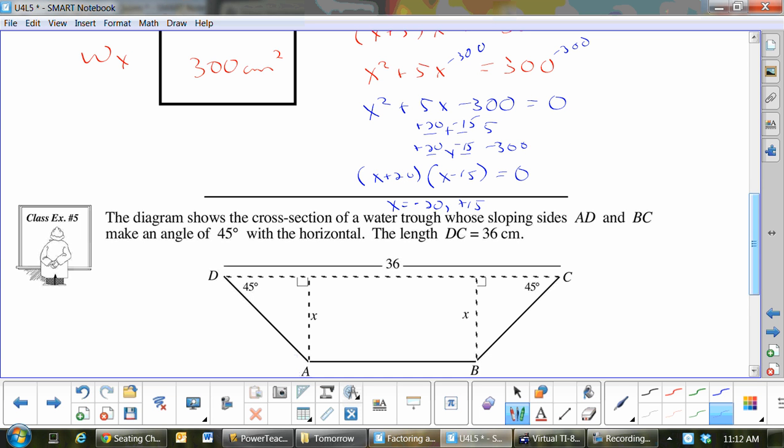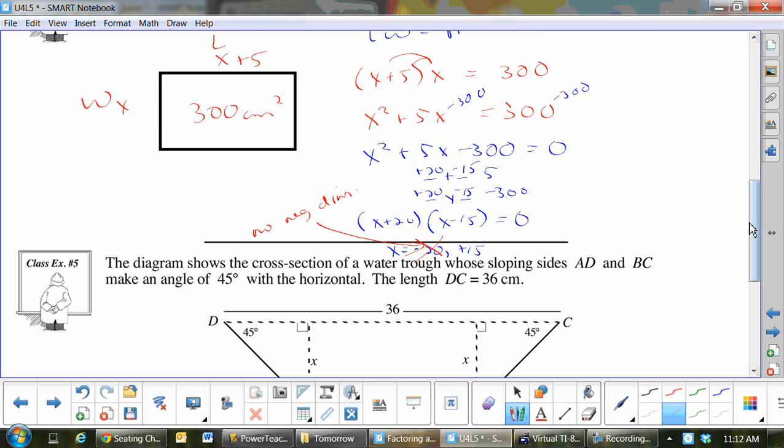Now, do you understand why negative 20, even though it's mathematically correct, if I put negative 20 into there, I will get the answer 300. That is mathematically correct, or theoretically correct. But in a real life situation, can I have negative 20 as one of my dimensions? No. So the negative one automatically goes away because you can't have negative dimensions. So just no negative dimensions, right? So it's gone. So now x equals 15.